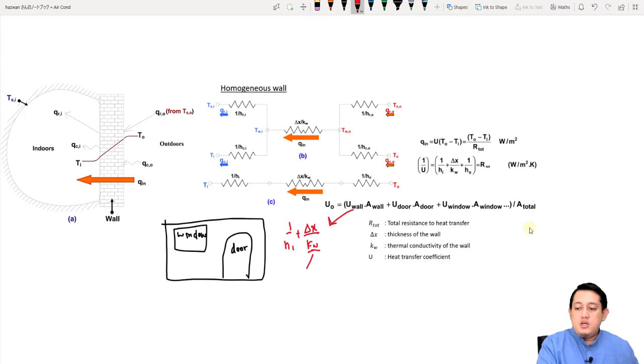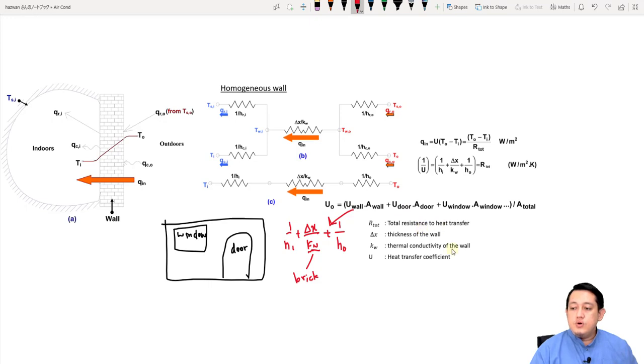K wall here, let's say we use brick, so this will be brick, and then plus 1 over HO. Hi and Ho for each part, window, door and wall, we assume to be equal. So this is when we want to calculate U wall.